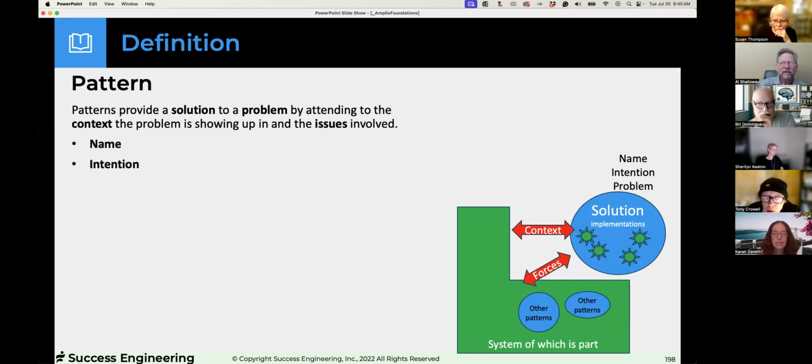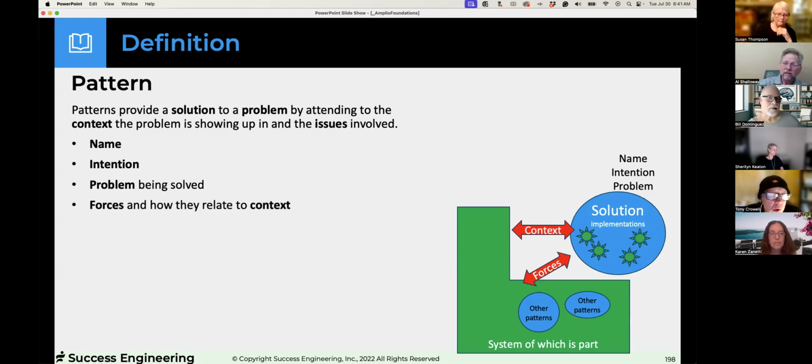So we have a name, we have an intention, like what does this thing do? What are the forces? Like if I'm doing sprint planning or something, who do I have to relate to? How many customers do I have? Do I have a customer who actually sits with a team like they do in XP, hopefully? Do you get how that might change the cadence?